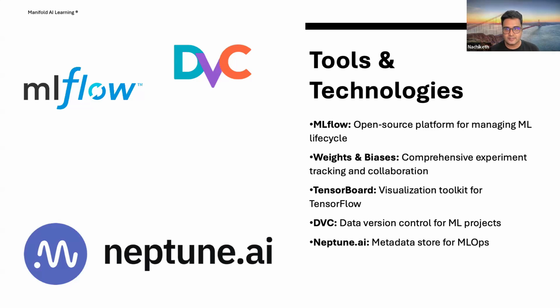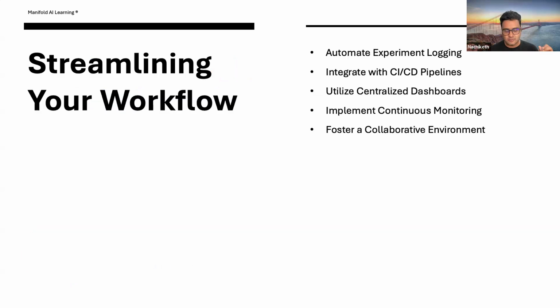Apart from that, the main advantage is that we'll be able to streamline the workflow. With versioning, and when we are able to replicate results, we'll be able to confidently integrate into our CI/CD pipeline because we know what specific setting has resulted in what performance.